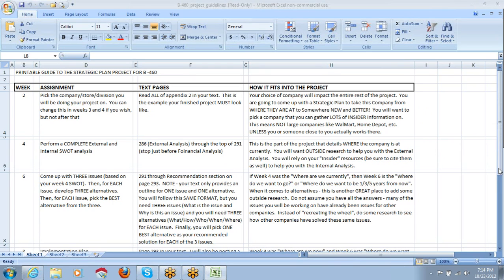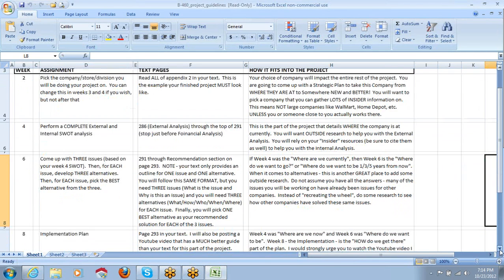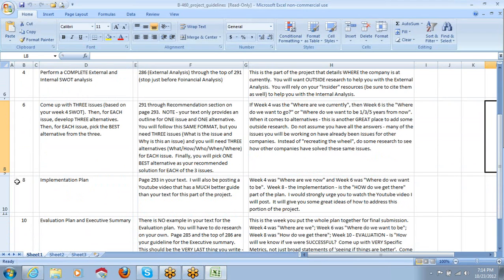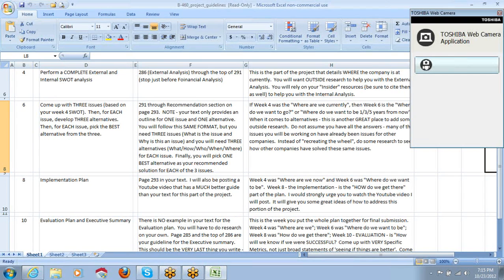Once you have your SWOT done in week 4, the next part of the project comes up in week 6, and you notice it's week 6, week 8, week 10. Week 6, you can only do if you've already done week 4. Every quarter I'll get 1 or 2 people that don't want to do the SWOT, and then they want to jump into week 6.